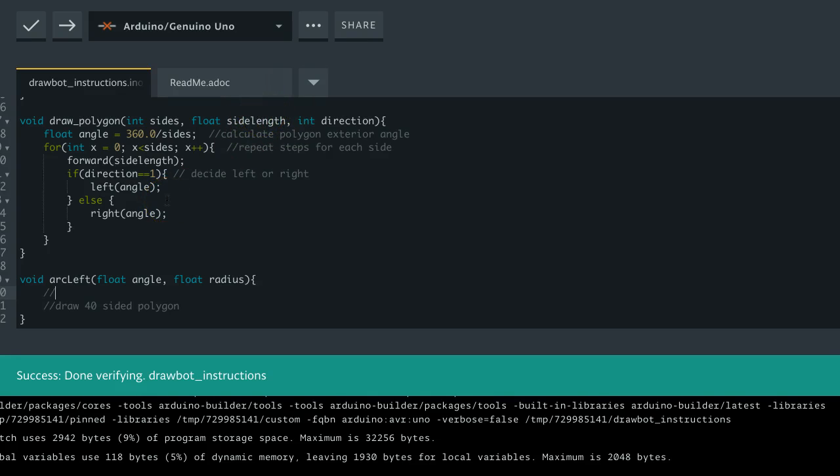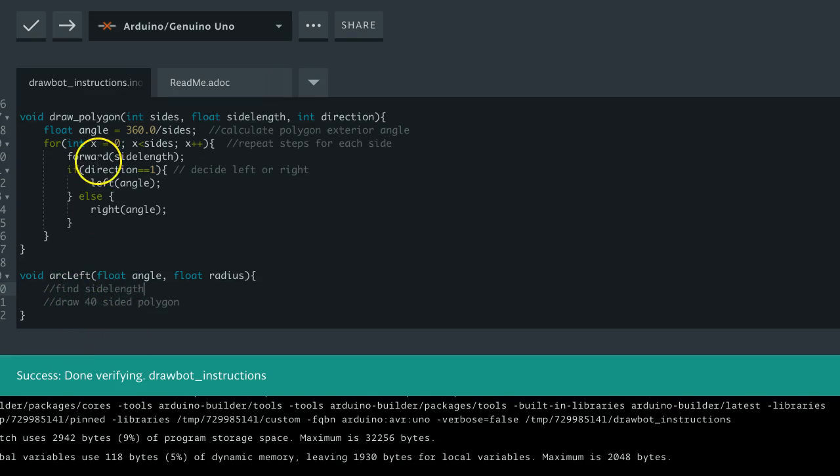Okay, so find side length. Okay, and then the other problem that we're going to have is we don't necessarily want to draw this entire polygon.